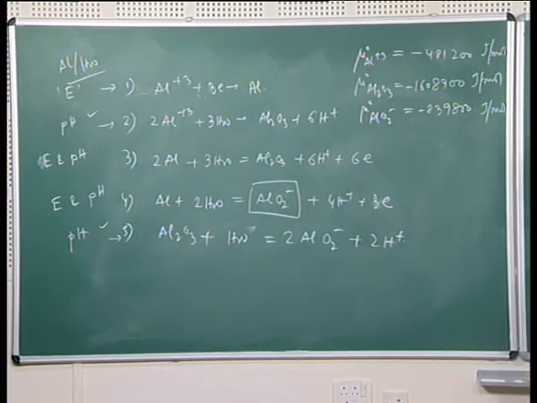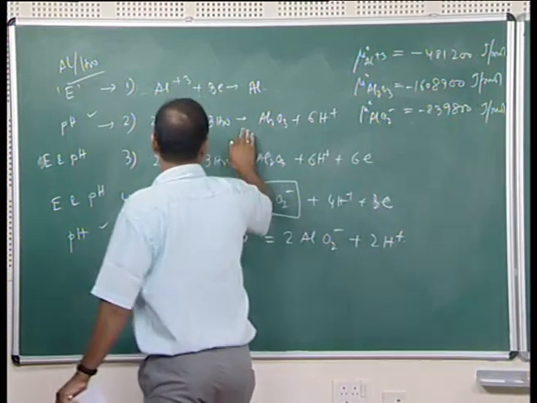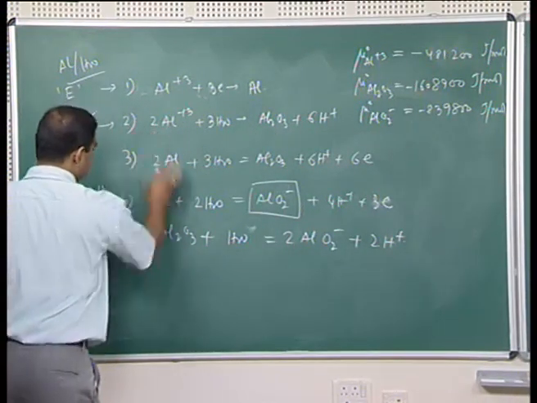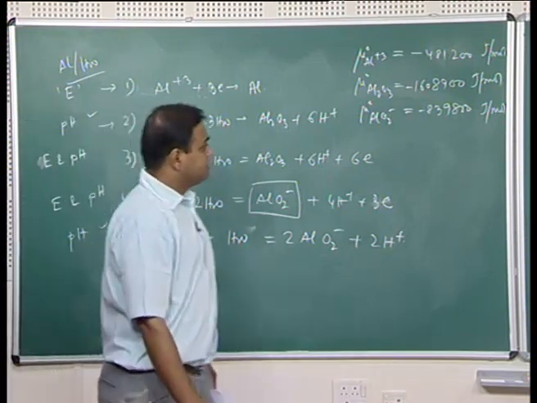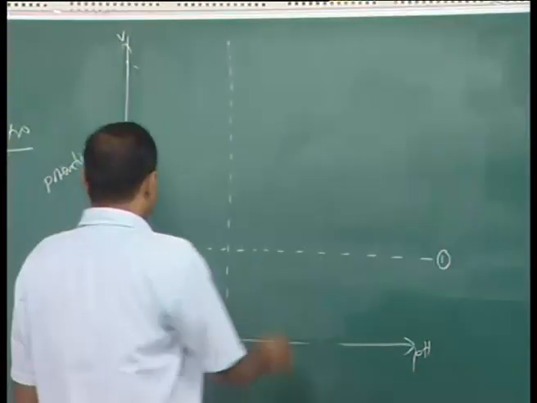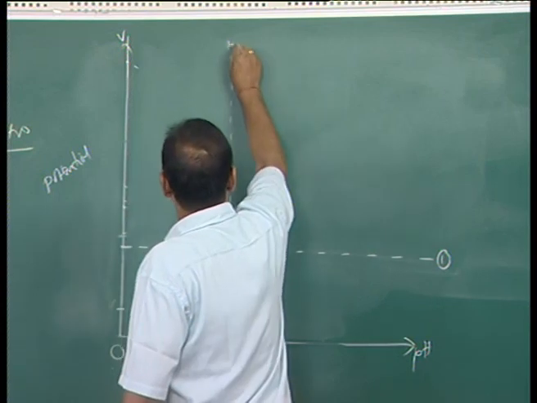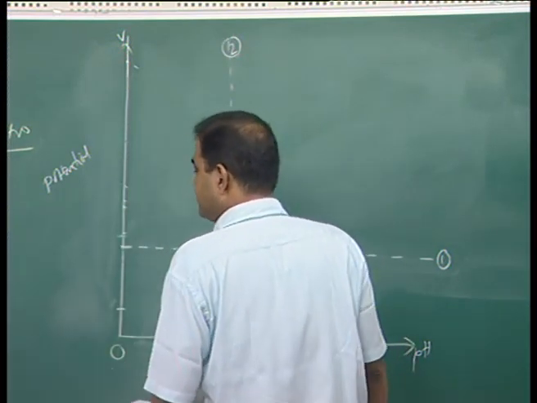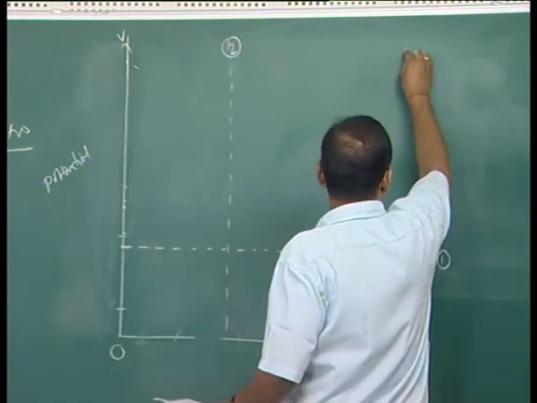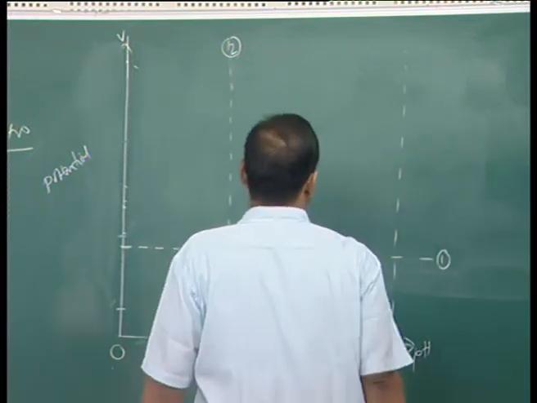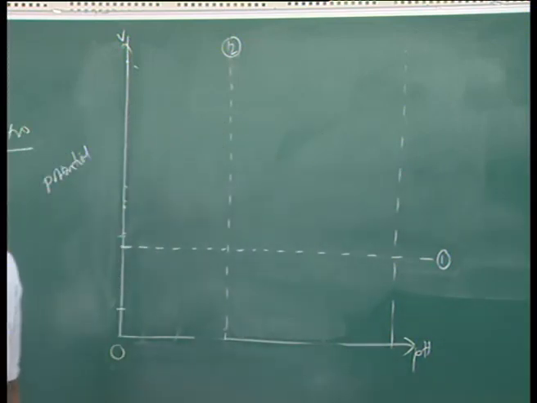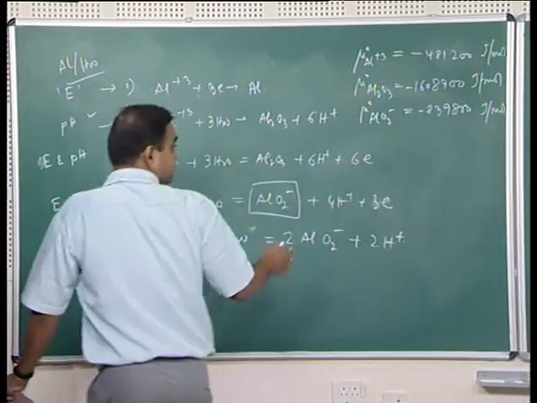Now, if you find out the values of K or the equilibrium constant for these reactions, you would see that this would be reaction number 2 and reaction number 5 would be placed somewhere here, and you have to find out the pH value from the equilibrium constant.